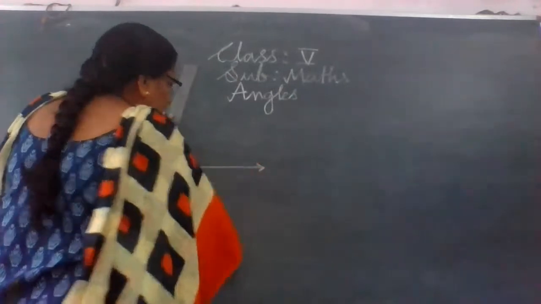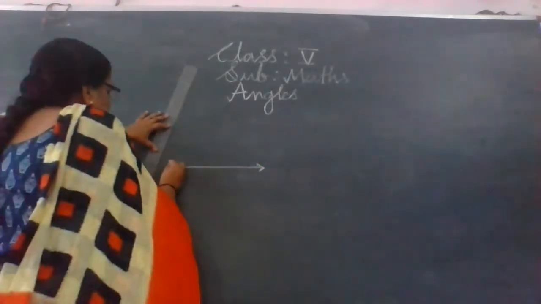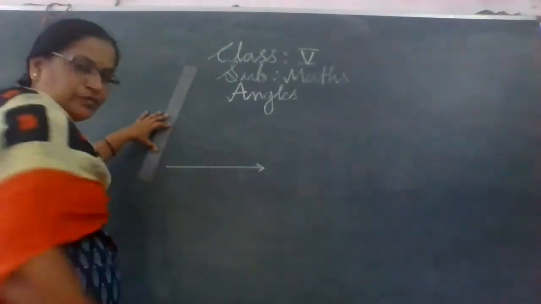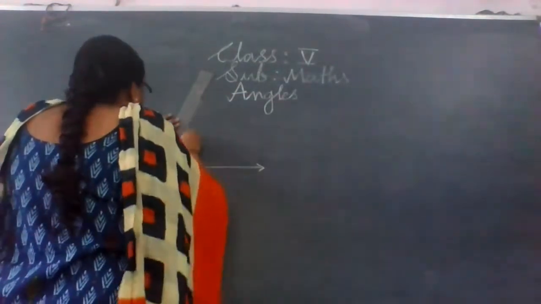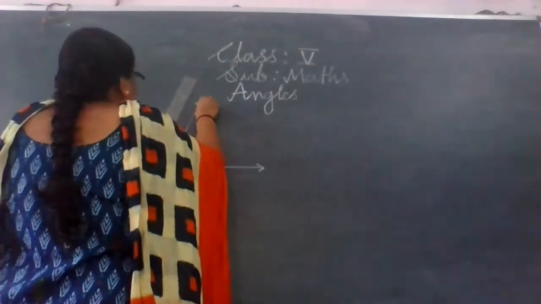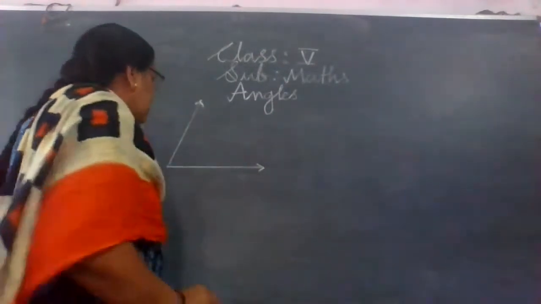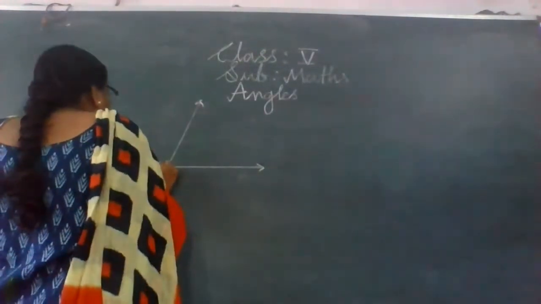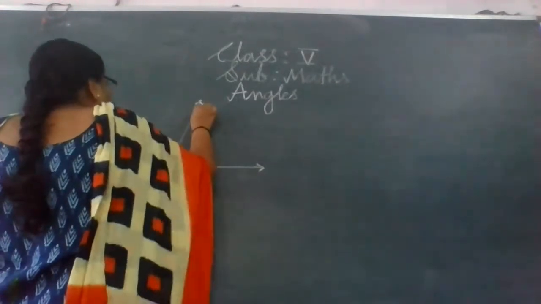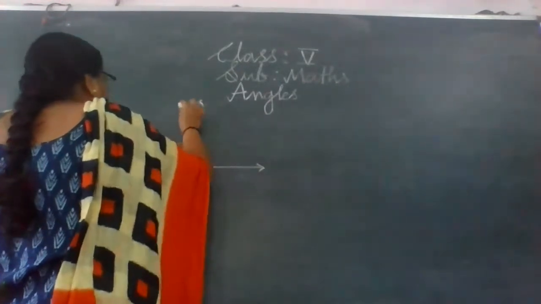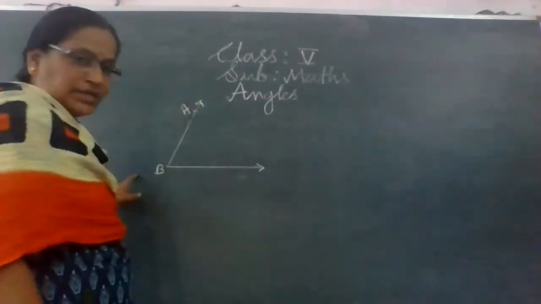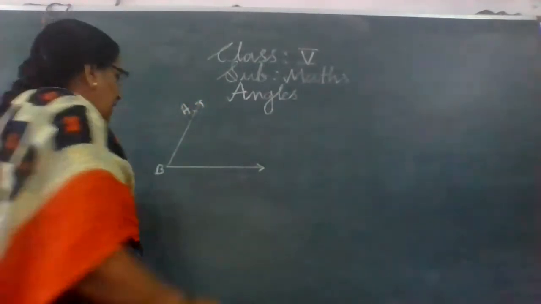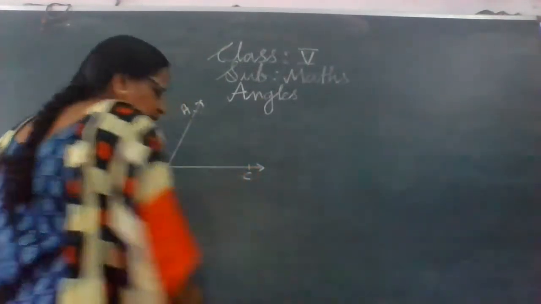It is one ray, and this is the initial point of the ray. Now here one more ray is joined, and the joining point is B. So AB is one ray and BC is another ray.